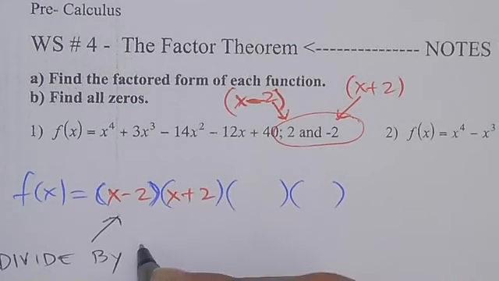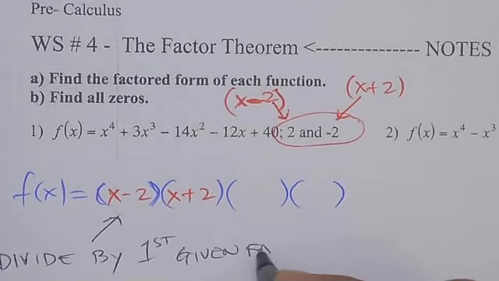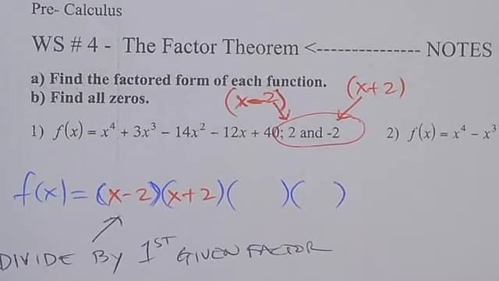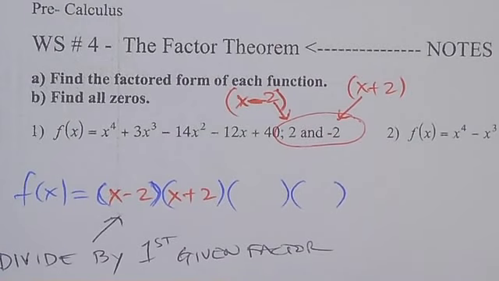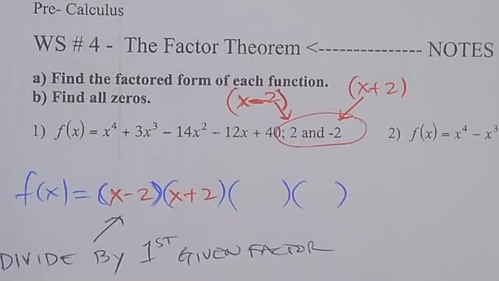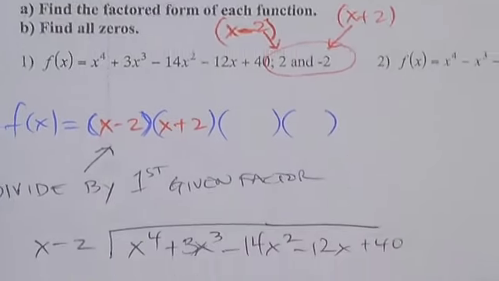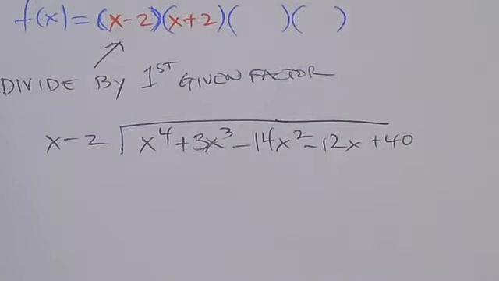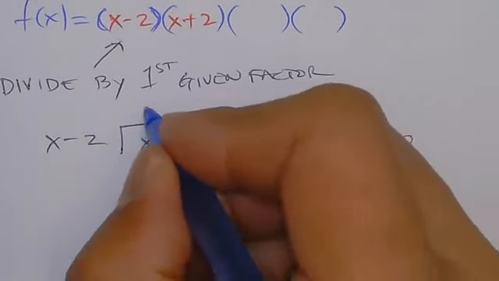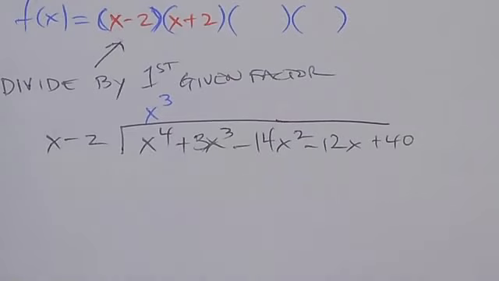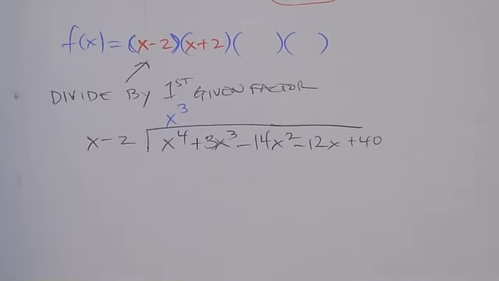Let's divide by the first given factor, the x minus 2, into the polynomial, and you know your remainder better be 0. If you don't know how to long divide, that's your fault.